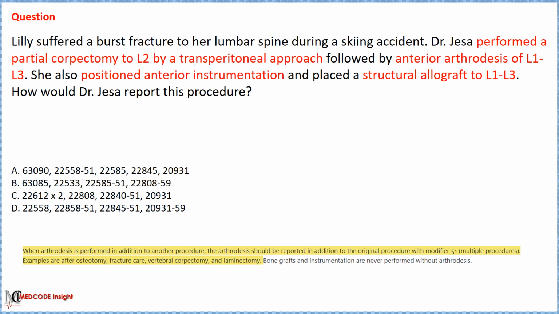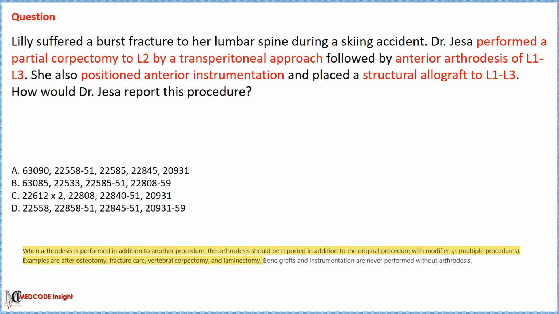Since the procedure includes both vertebral surgery and orthodesis, along with the addition of instrumentation and bone graft, we follow the guideline that when the orthodesis is performed in conjunction with another procedure, it should be reported with the original procedure using modifier 51 for multiple procedures, and in addition include instrumentation and bone graft codes. Based on this guideline, our correct option is option A.